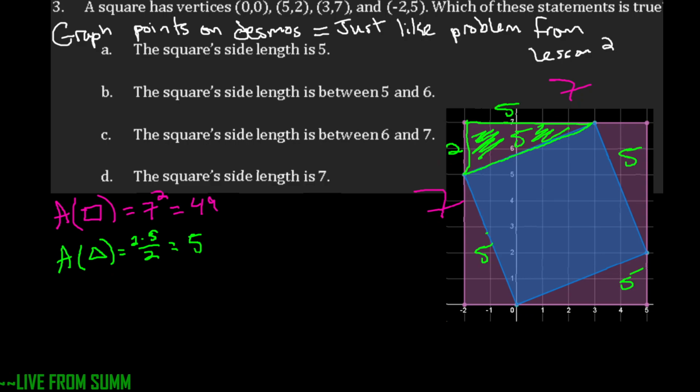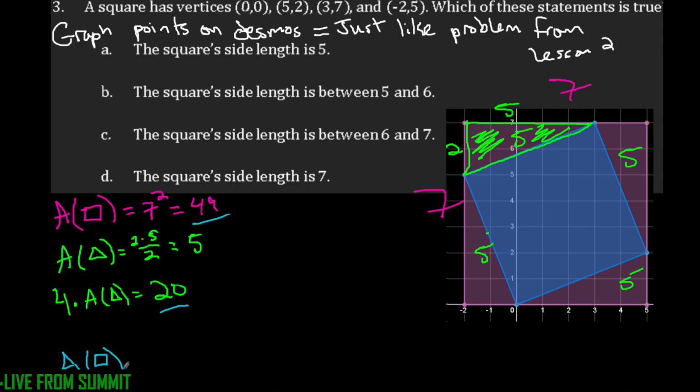So I add those all together: 4 times my area of my triangles is going to be equal to 20. Then to find the blue amount, again, use those two numbers. The area of my blue square is going to be equal to 49 minus 20, which is equal to 29.